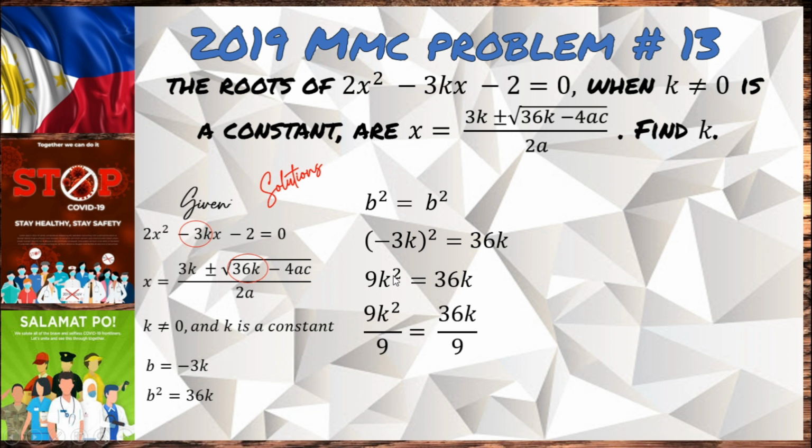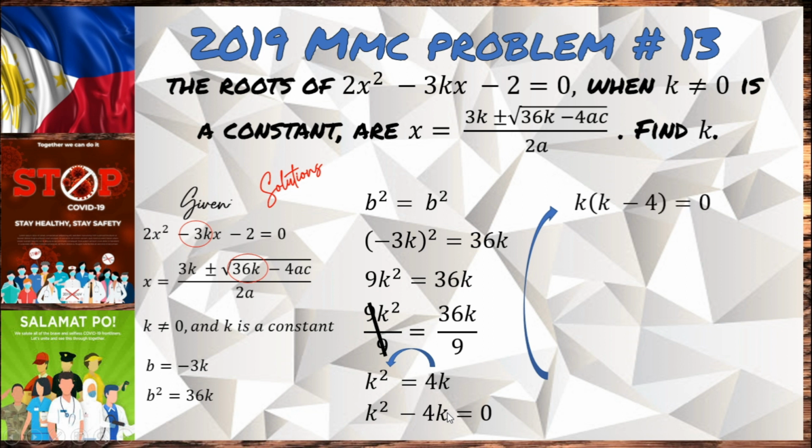Now, dividing both sides by 9, 9 divided by 9 is of course 1, which gives you k squared is equal to 36k divided by 9, which is 4k. Transposing 4k to the other side, that gives you k squared minus 4k is equal to 0. Now, by factoring using the common monomial factor, k is common in this expression.